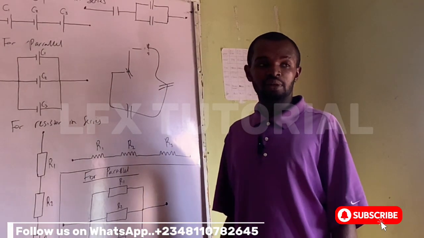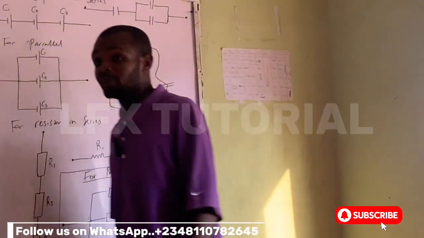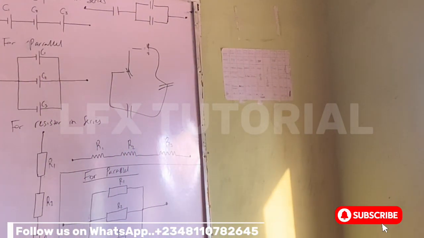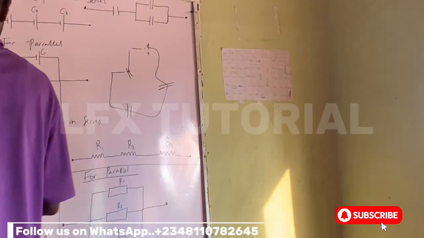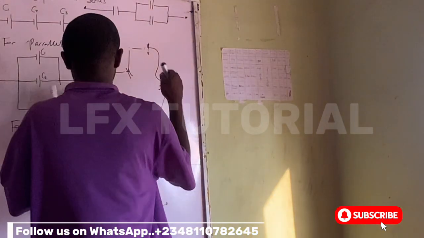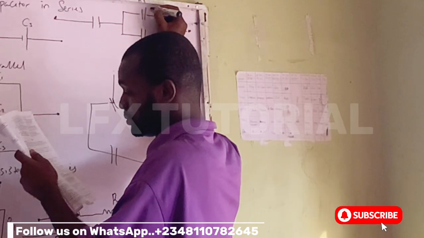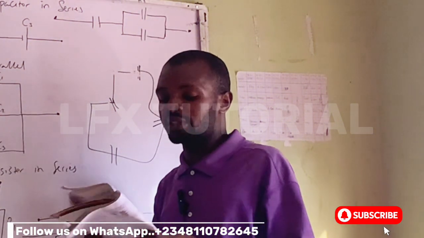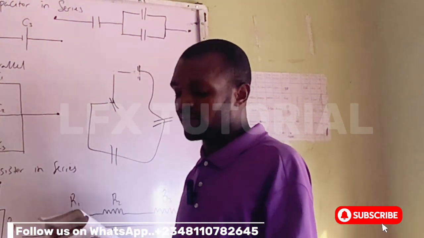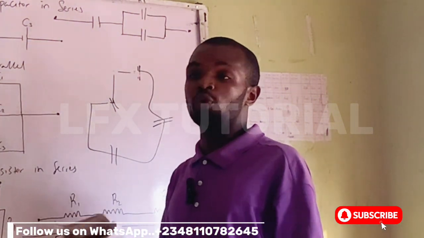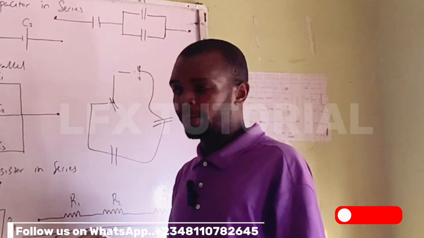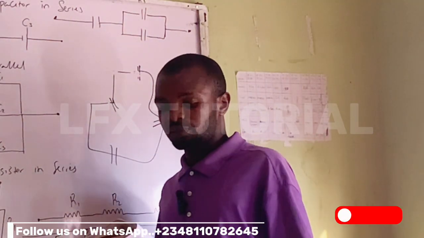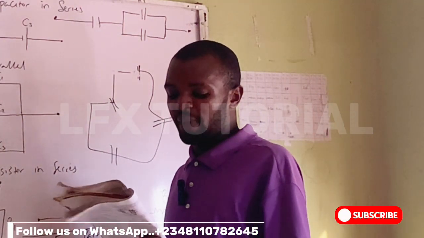We are coming there. I'm just trying to explain this thing. Now, look at this first question here. It's like a drawing, something like this. The question says, the equivalent capacitance of the circuit drawn below is dash. Are you writing? Question number 1.